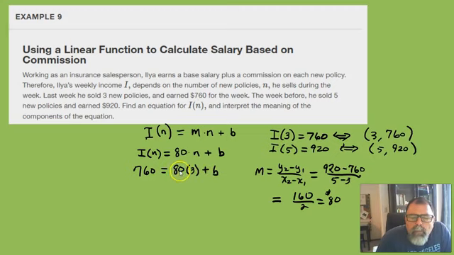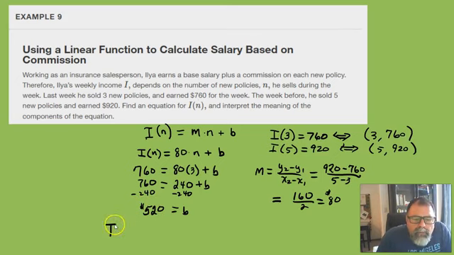So 3 times 80 is 240. Subtract 240 from 760, subtract it from both sides. So b is equal to, let's see, $520. So that's our base amount, and then the commission.